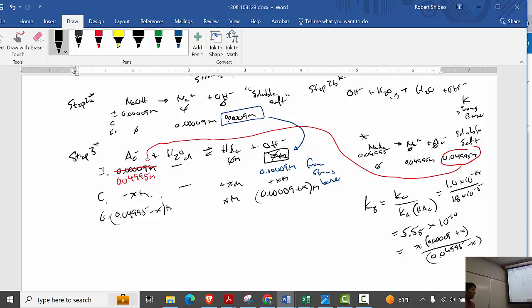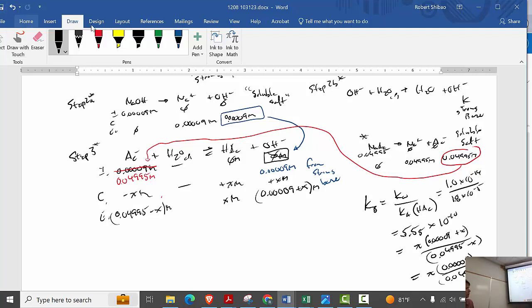We could try the simplifying assumption here. You know, on the bottom it looks like it would work okay, but the top it might not work. But let's try it nonetheless. So this is going to simplify into 0.004009, and the bottom will simplify into 0.04995.